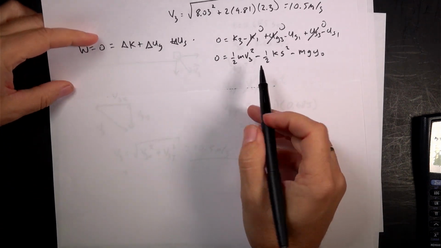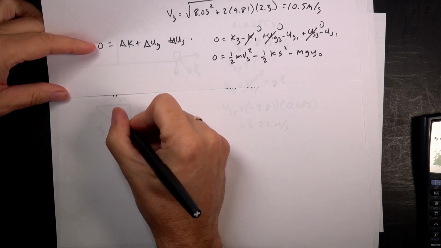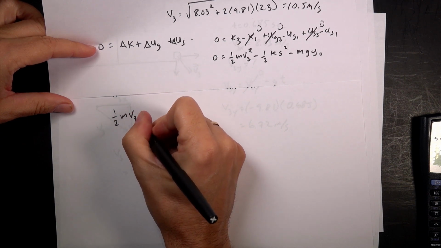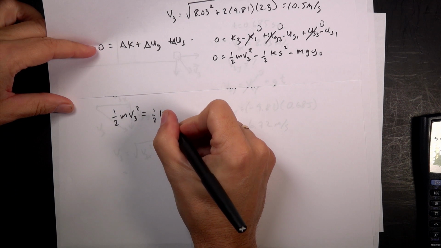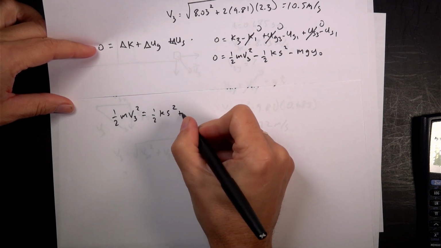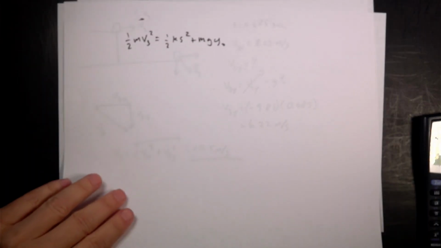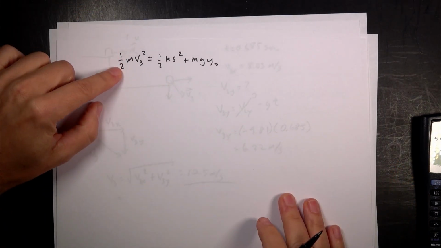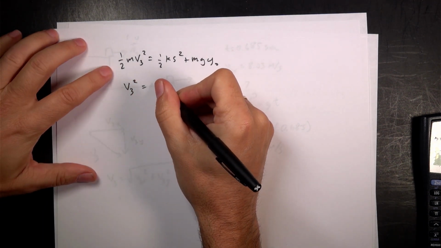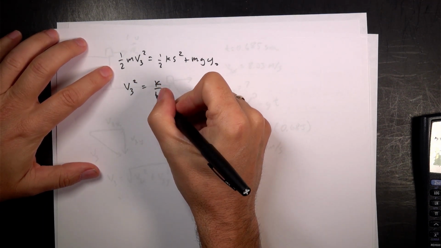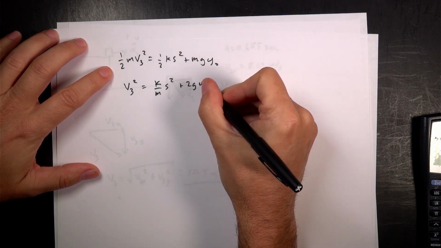So if I want to solve this for V3, I'm going to add these to both sides. I get 1/2 mv3 squared equals 1/2 ks squared plus mgy0. Now I'm going to multiply both sides by 2 and divide by m. I get V3 squared equals k over m s squared plus 2gy0.